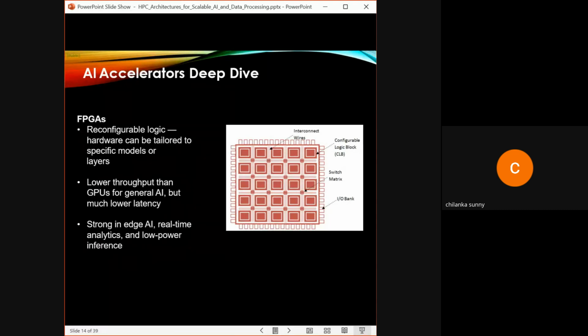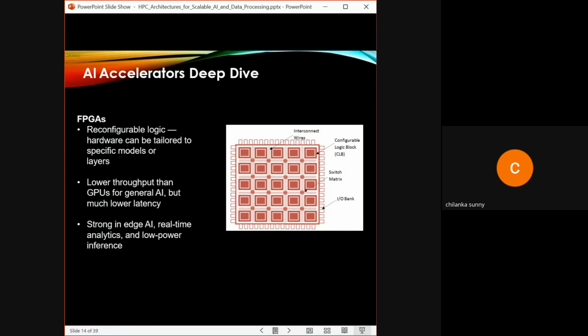Unlike CPUs and GPUs, whose architecture is completely fixed, FPGAs let you tailor the hardware at the granularity of these CLBs to match a specific model or even a critical layer within a network. The interconnects between the CLBs, made up of programmable wiring and a switch matrix, are themselves reconfigurable. So you can optimize the data flow and reduce unnecessary data movement by laying out computation where data already resides.